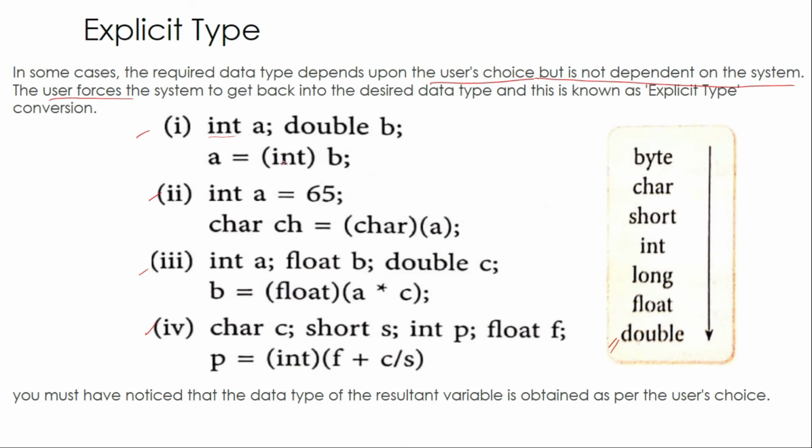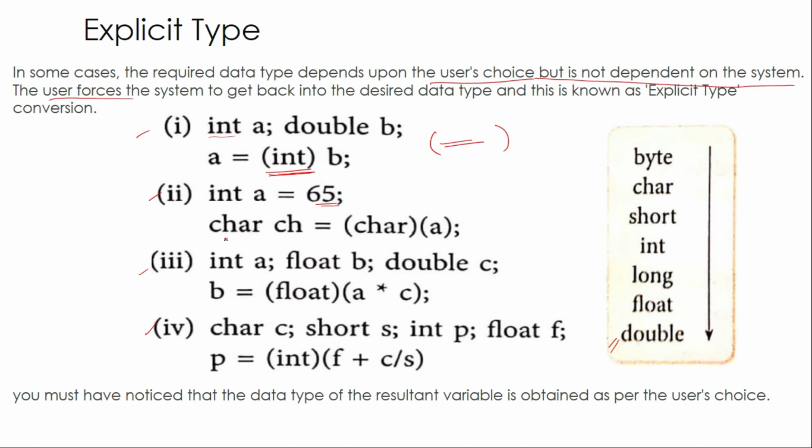So for doing it, we have to write the data type whatever we require, in this way. That means inside this bracket we have to write the data type whatever is needed. In example 2 also, integer a is equal to 65, we have to convert 65 into a character.